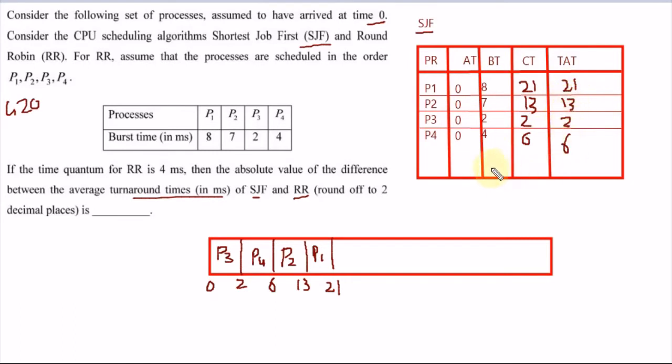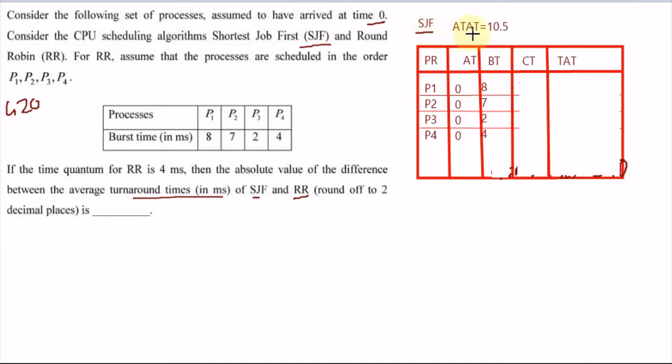For the average turnaround time we add all of these and divide by 4. The sum is 42, and 42 divided by 4 is 10.5. So the average turnaround time for SJF is 10.5.